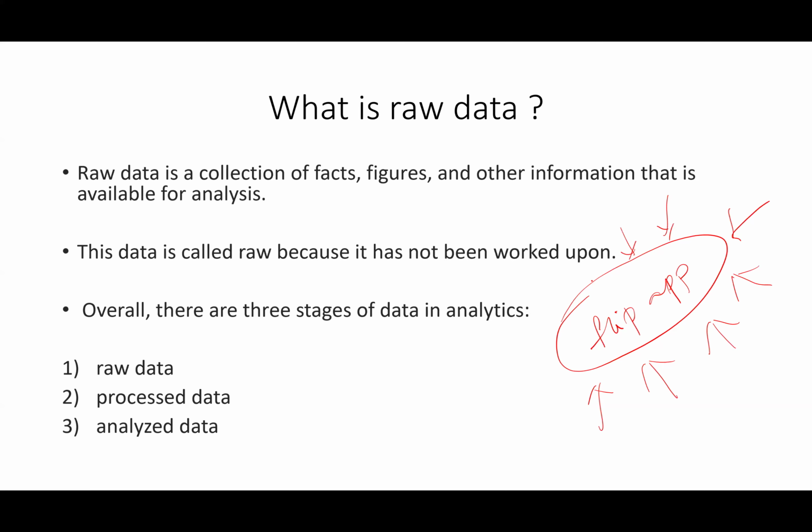When they order items, Flipkart collects information like the name of the candidate, what items he ordered, the billing amount, and the location where it needs to be delivered. All this geographical or personal information of the users is collected by the Flipkart app, and it is called raw data.